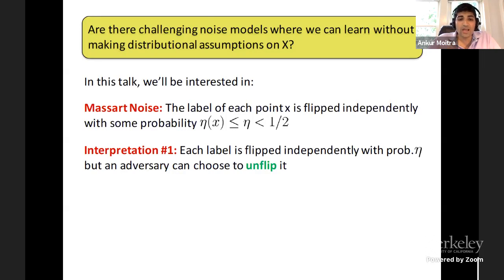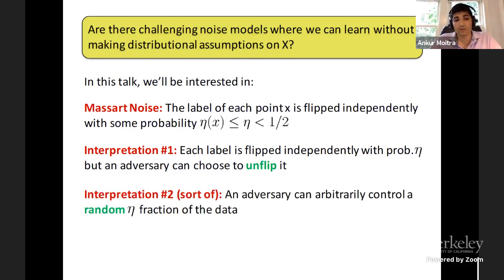But now what you allow an adversary to do is unflip the label, to actually make it the correct label if he so wants. It turns out that many algorithms, like the Blum et al. algorithm that work in the random classification noise model, are actually quite brittle in the sense that when an adversary is allowed to undo some of the noise, their guarantees completely break down. That's one of the surprising things. And that's why the goal is to find something that hits the sweet spot of being a flexible noise model while still permitting efficient algorithms.